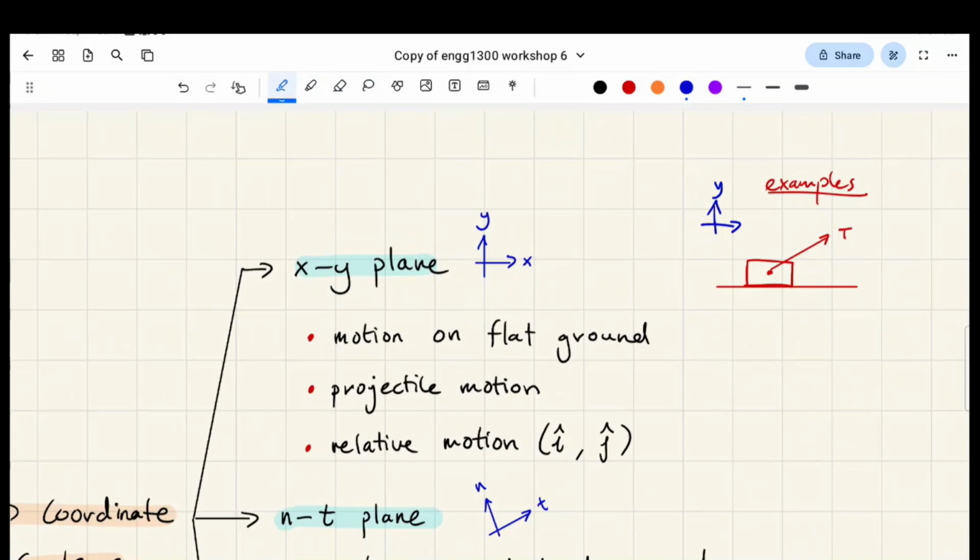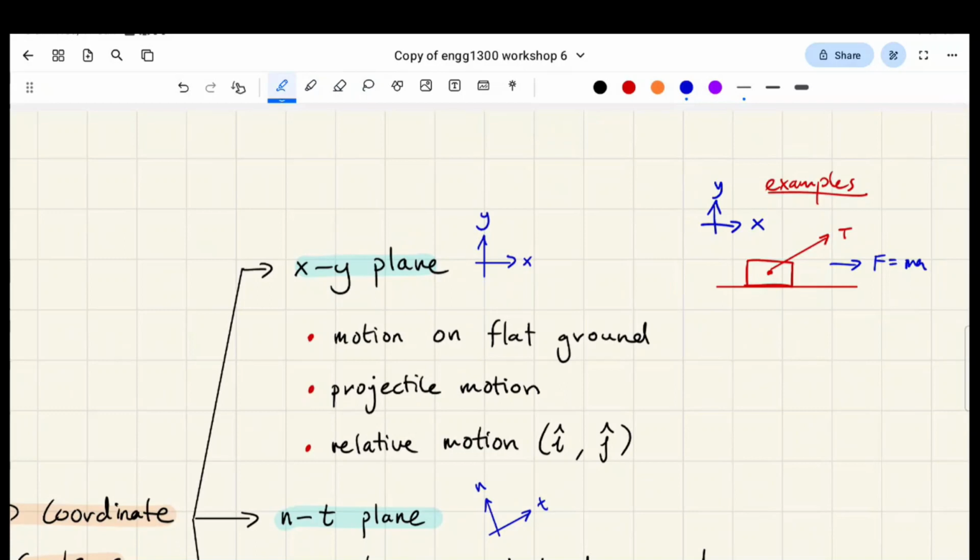In that case, we're in static equilibrium in the Y direction. But for the X direction, if the box is able to overcome the static friction, it's now being pulled by the rope. And in the X direction, we have F is ma, right?